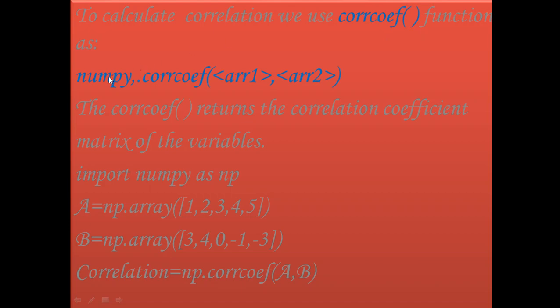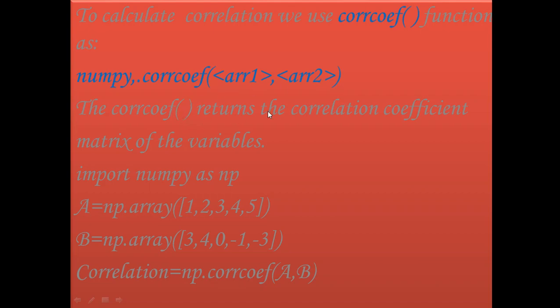How will it be used? numpy dot corrcoef array 1 comma array 2. Two arrays will be passed as arguments, as we did in the cov function, covariance. Here in corrcoef you will again use the same type of syntax.